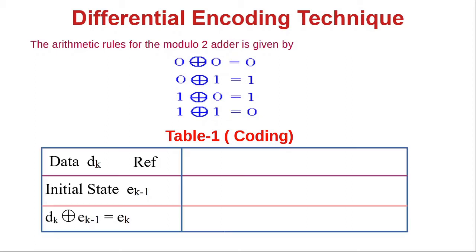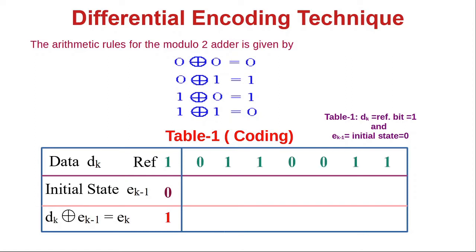The encoding circuit has a reference bit. It may be 0 or 1. It doesn't matter. Here we will consider the reference bit as 1, the initial state as 0. So ek will be 1 exclusive or 0, that is 1.